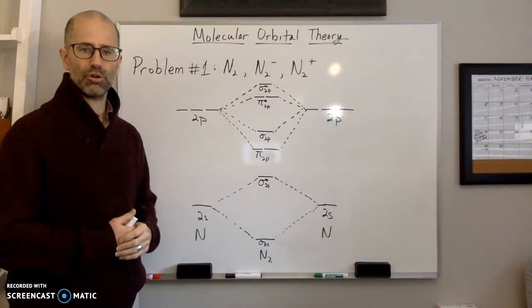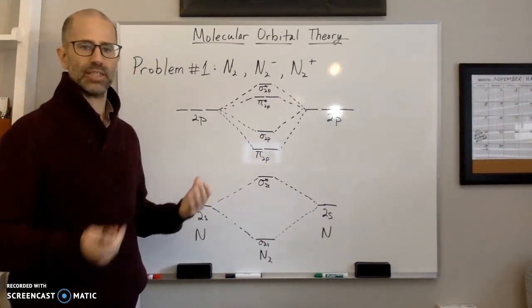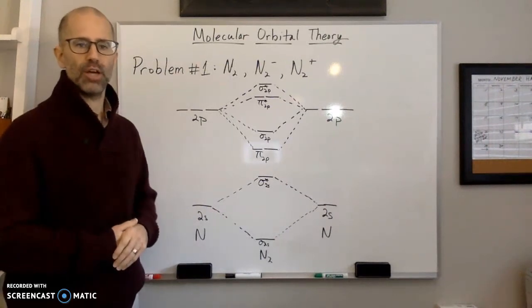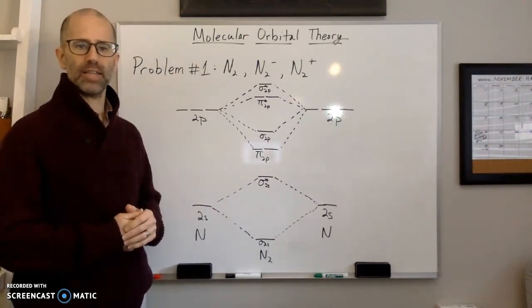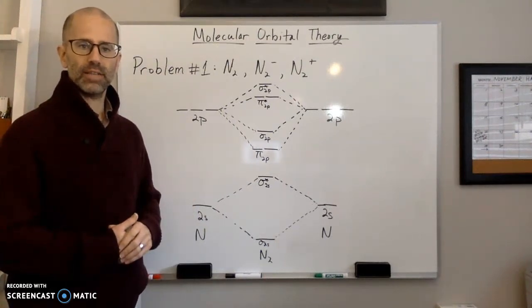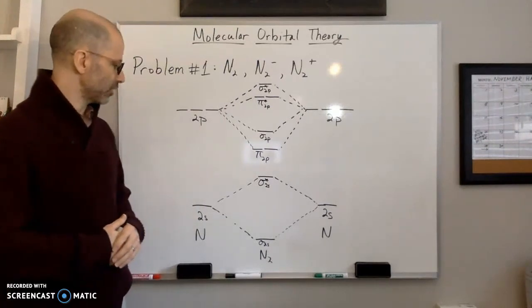That's how you do your molecular orbital diagram, which is exactly the way you would do it for your atomic orbital diagram when you learned about atomic orbitals and electron configuration. So the rules apply here as well.